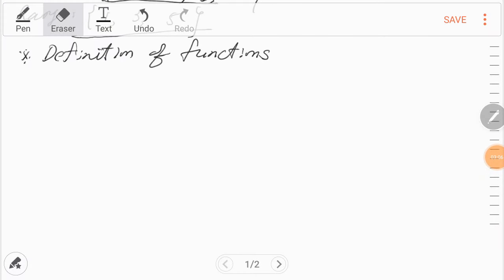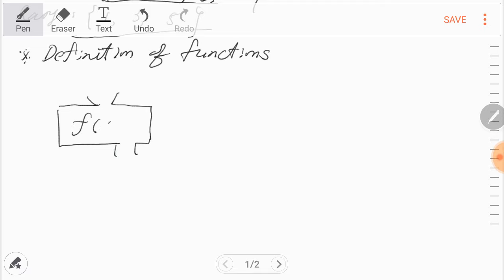For the definition of functions, let me draw a little diagram. Let me draw a little box that has 2 holes in it. Let's say the box name is f of x. I don't know what this f of x is, but this is a magic box.